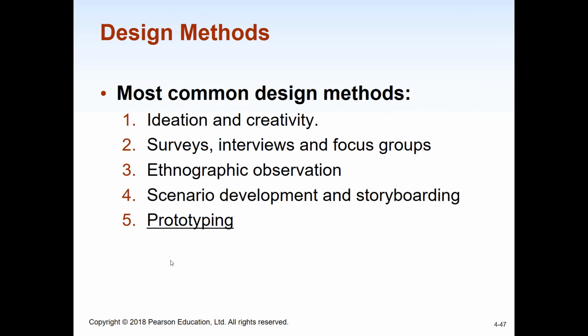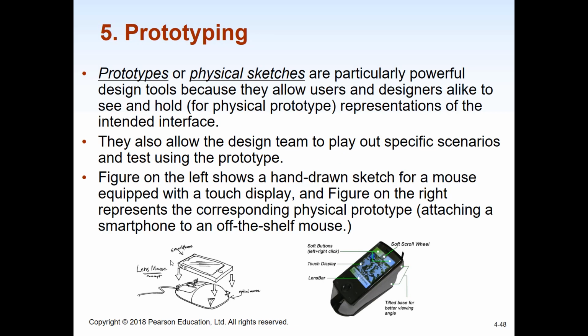The fifth common design method is prototyping. Prototypes or physical sketches are particularly powerful design tools because they allow users and designers alike to see and hold physical prototype representations of the intended interface.